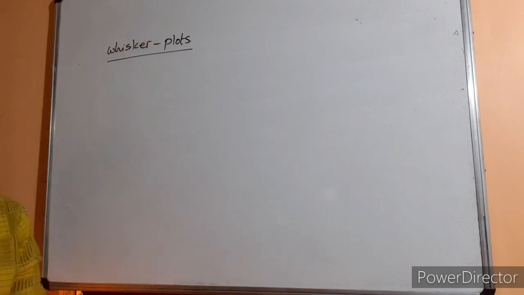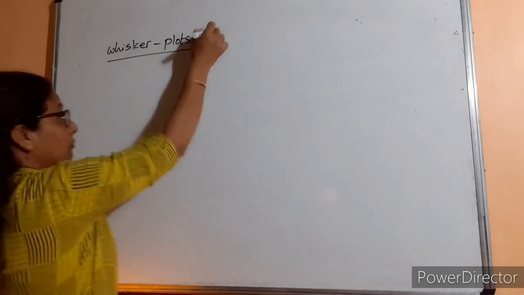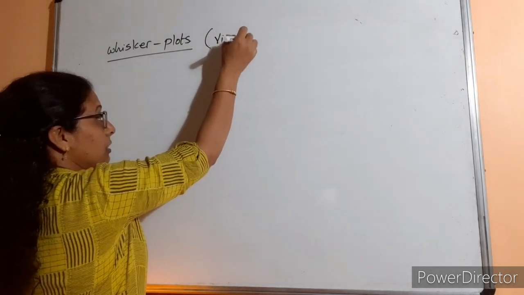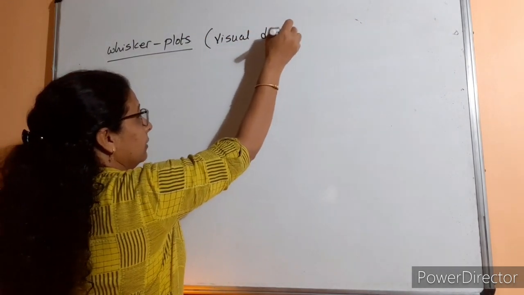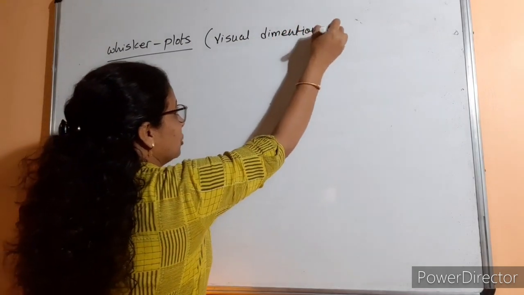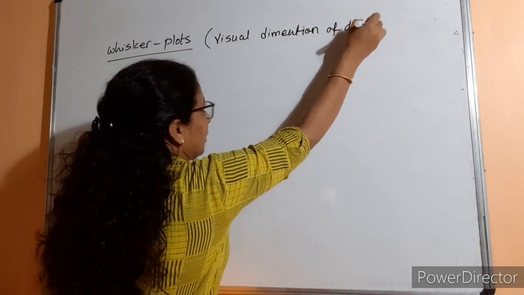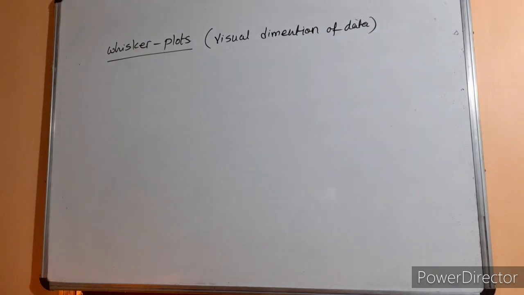It gives you, first of all, the visual dimension of the data. You can understand and interpret it in an easier way, right? So how to draw it? What is the structure of this graph that we will see now?